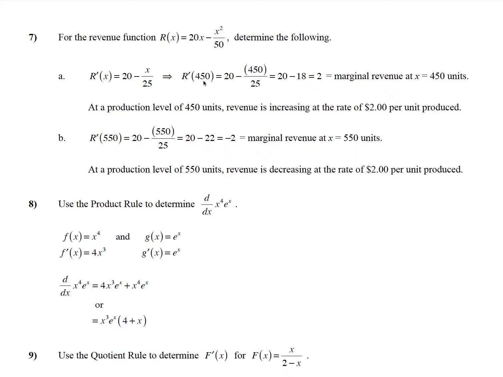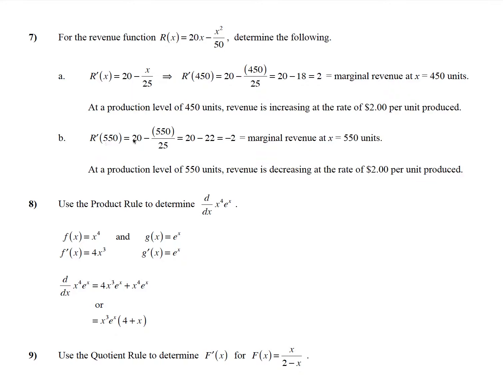In part B, we are asked to do the same thing, determine the marginal revenue at x equals 550 units at that production level. And so, once again, we evaluate the marginal revenue function, the derivative of the revenue, at 550.